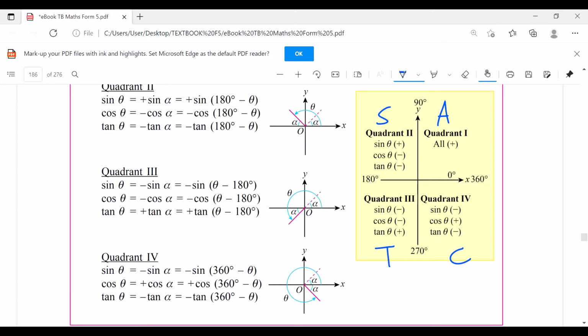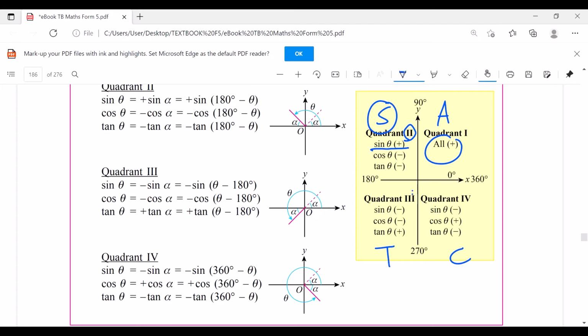A means all will be positive. Your sin, cos and tangent values are positive. But for the second quadrant, only your sin theta will be positive. The rest will be negative, your cos and your tangent.